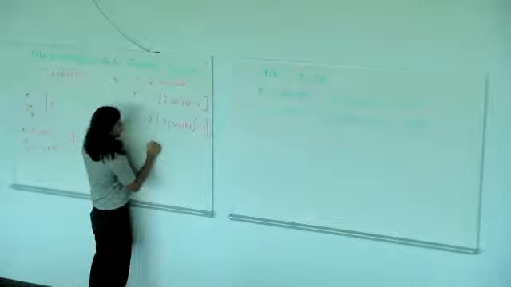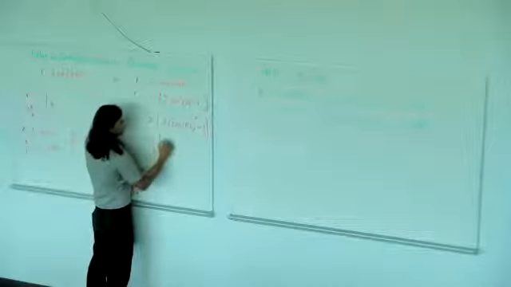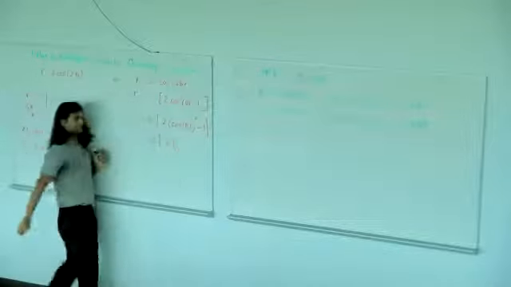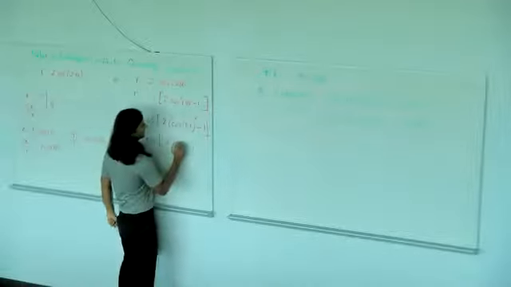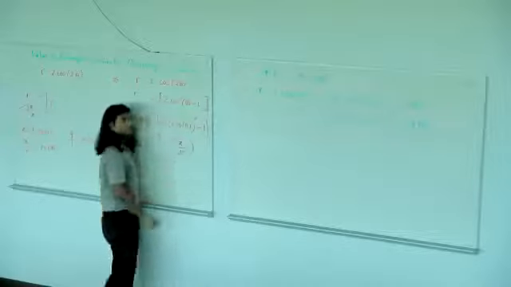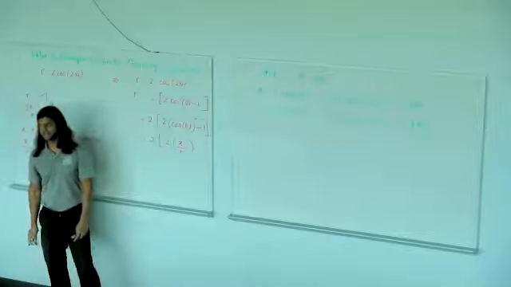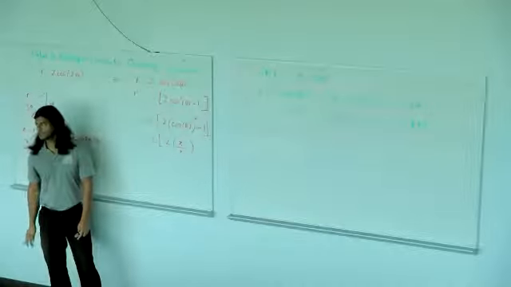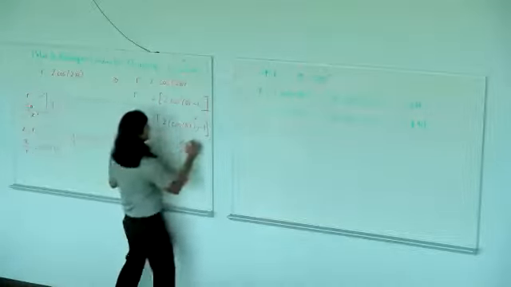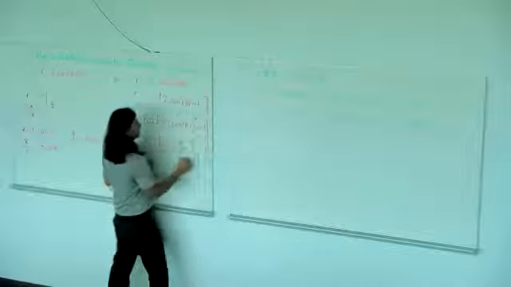Now I have 2 times, going back to what I wrote earlier, x over r is cosine theta. So I am going to replace cosine theta by x over r. Square that, minus 1.